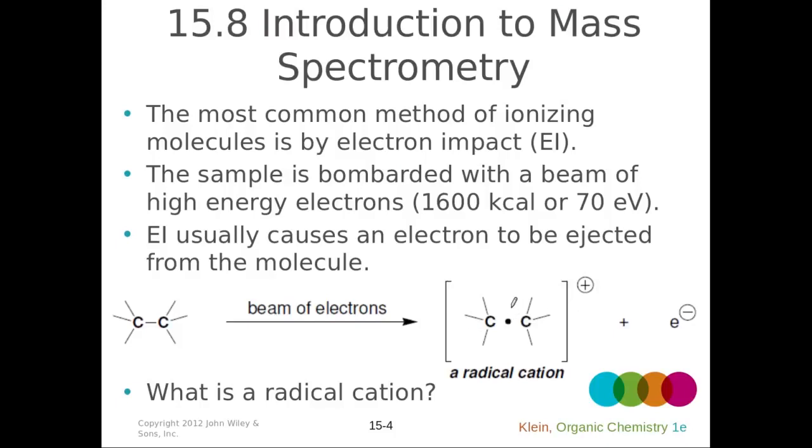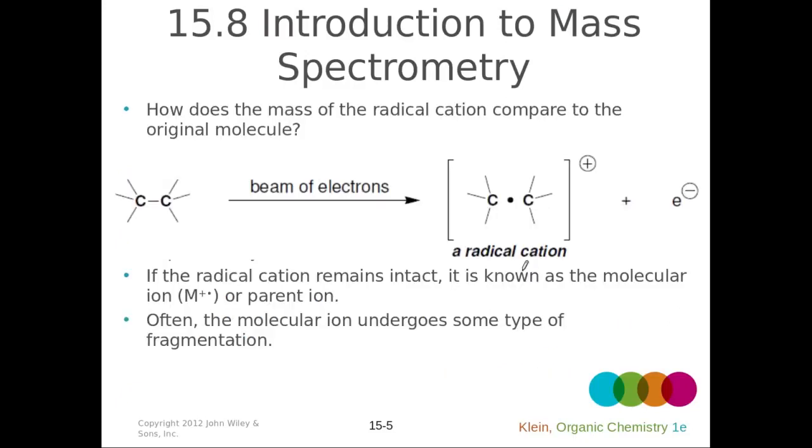Okay, so we've formed a radical cation. The radical cation represents what's called the molecular ion. So our molecular ion can be represented as an M+ dot, or M+ for molecular ion. Okay, so here we have this again. We have a beam of electrons hitting our molecule, forming a radical cation.